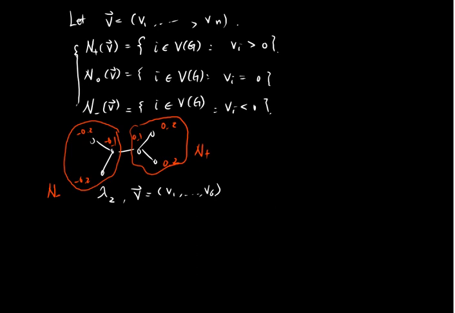So in conclusion, no matter whether you take n plus union with n0 and n minus, this is a partition of the whole graph, right? Or you can take n plus and then take n0 to n minus. It doesn't really matter.